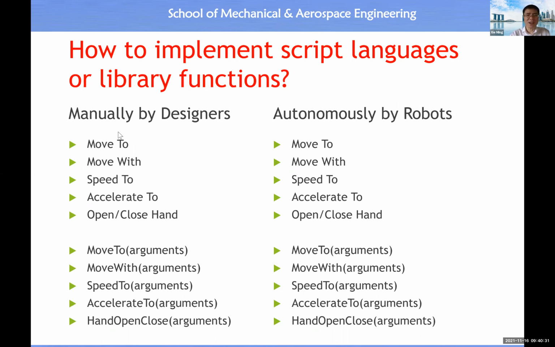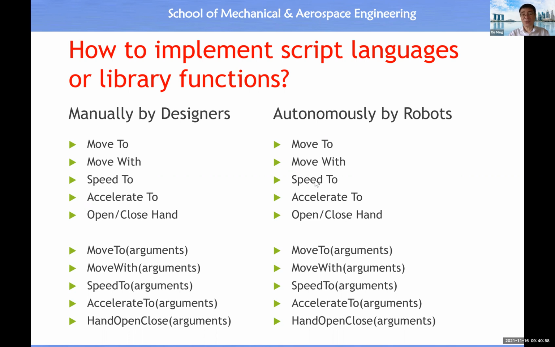The designer will come up with these commands in script language, these library functions in programming language. But in the future we would like to achieve this result: let the robot autonomously create the commands in script language and eventually use human language.